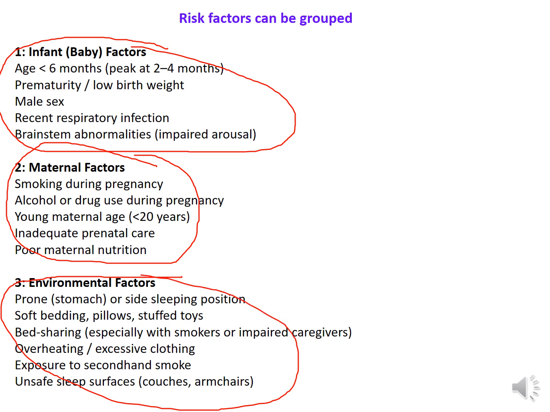As for the environmental factors: prone or side sleeping position, soft bedding, soft pillows, stuffed toys, bed sharing, overheating, exposure to second-hand smoke as well, and also unsafe sleep surfaces such as armchairs and couches.